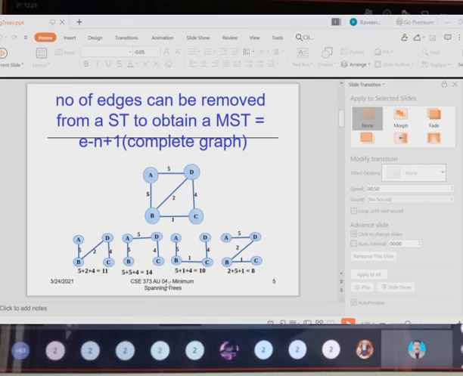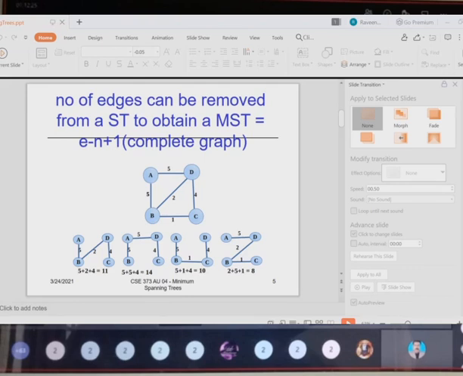These four possible cases are all spanning trees, but this last one, which gives the sum of 8, is called the minimum spanning tree, because when you sum it up, it gives the least value among the other spanning trees. So this is the basic thing of an MST. A graph can have many spanning trees, but the one which gives the minimum value is called the MST.